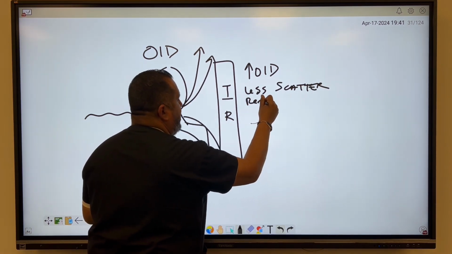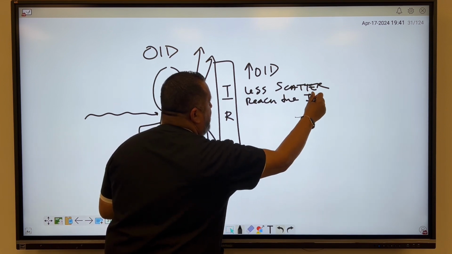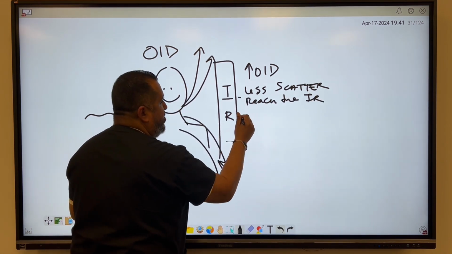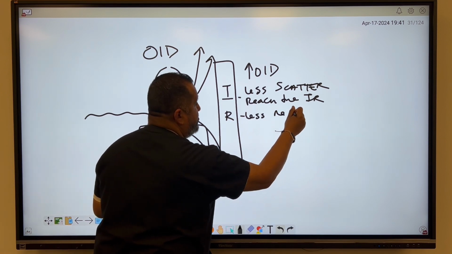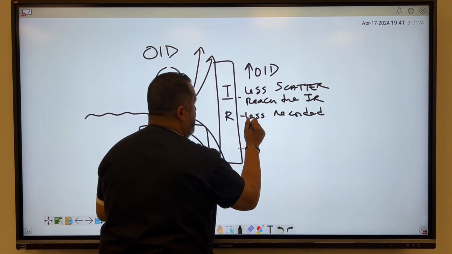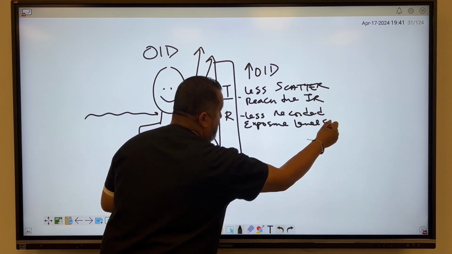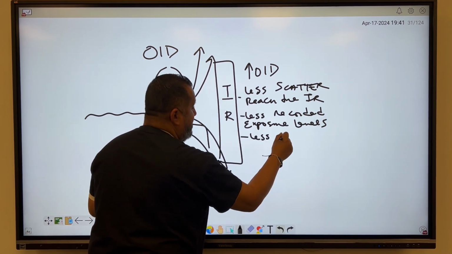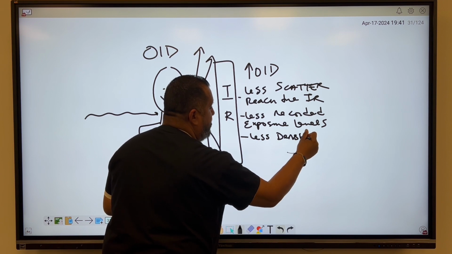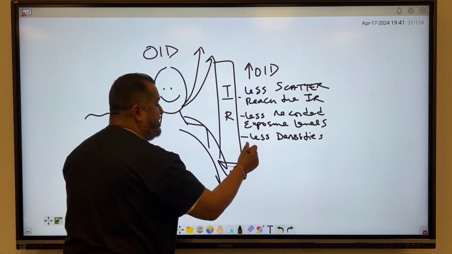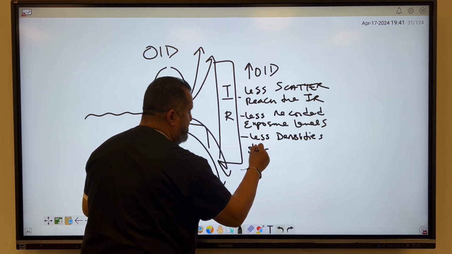Less scatter is going to reach the IR. So if you have less scatter, you're going to have less recorded exposure levels. And if you have less recorded exposure levels, you're going to have less density. And we're going to say densities, we'll make it plural. If you have less densities, you're going to have a shorter scale.